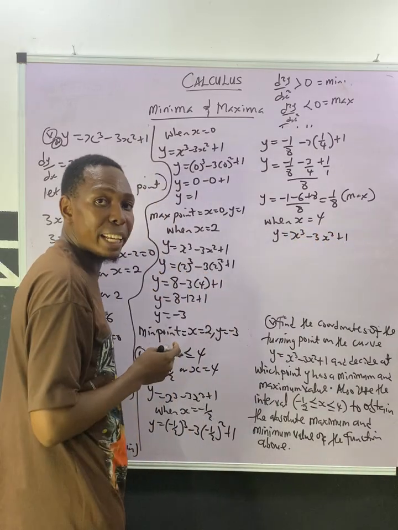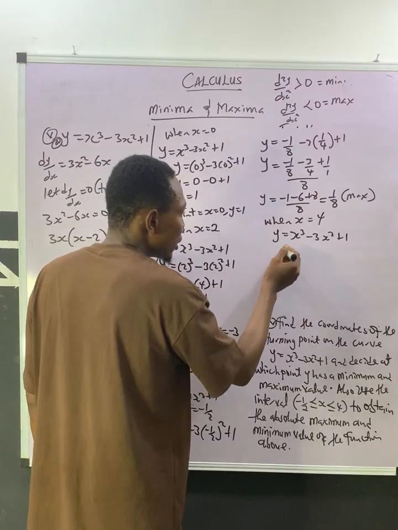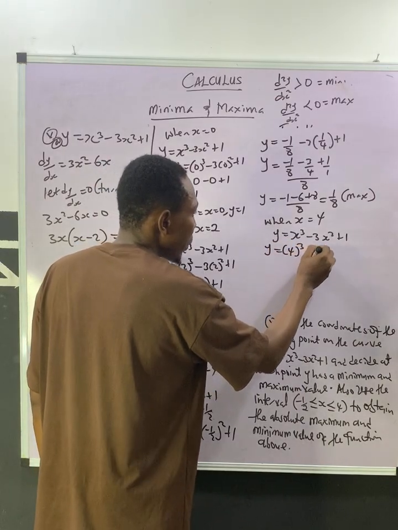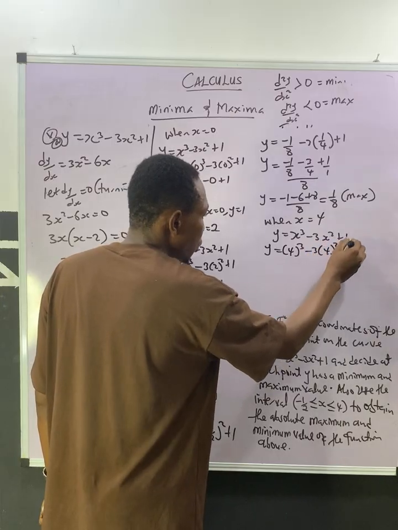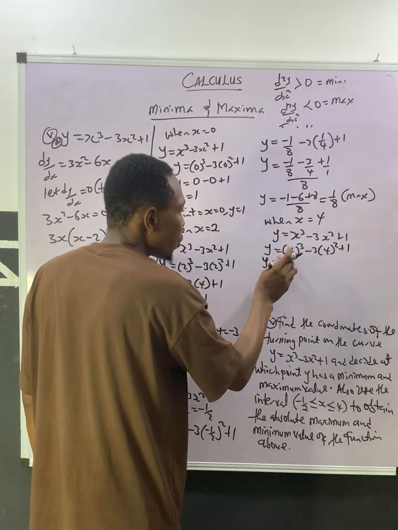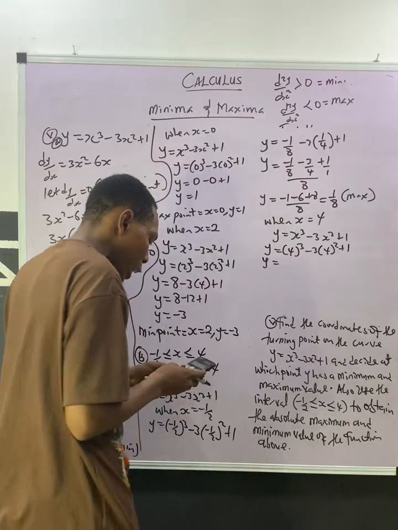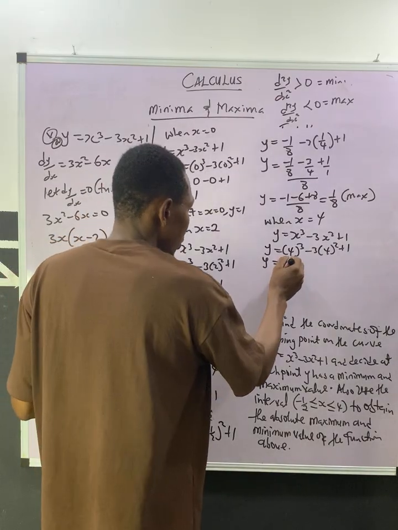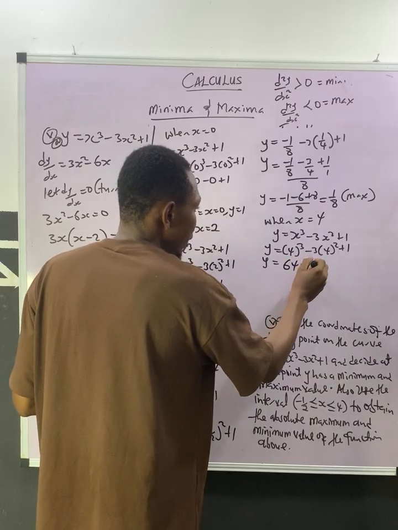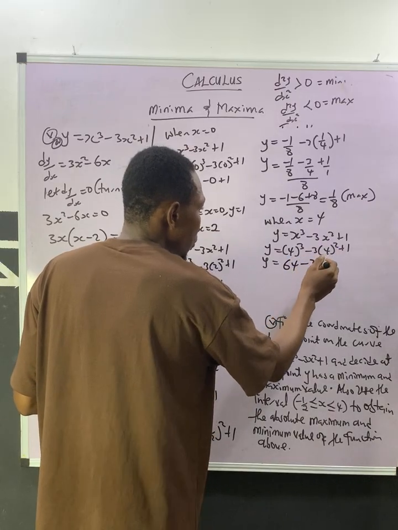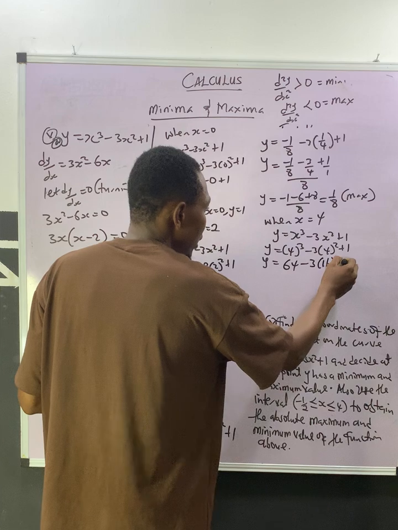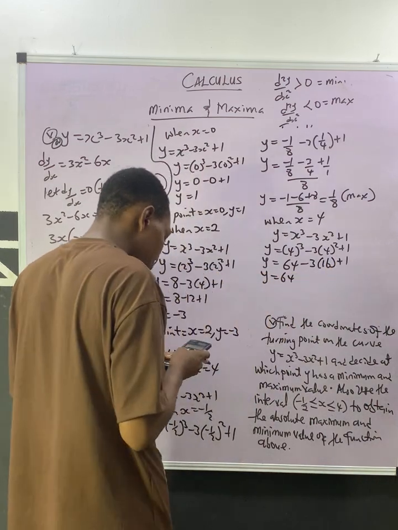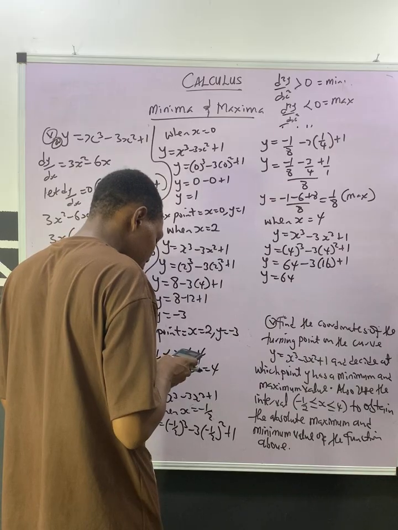So y will be equals to 4 raised to power 3 minus 3 bracket 4 raised to power 2 plus 1. 4 raised to power 3, that should be 81. Sorry, 64. So we have 64, then minus 3 bracket 4 raised to power 2 is 16, then plus 1. So y will be equals to 64 minus 3 times 16.